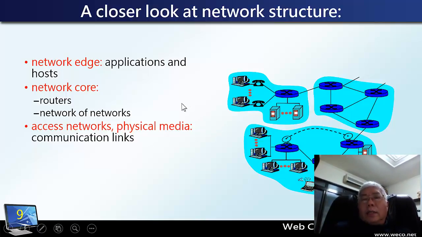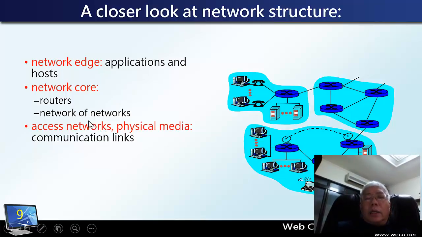Sometimes we can have wireless communication, like the Wi-Fi we use a lot, and like 4G, 5G, or Bluetooth. Those are forms of communication links with the network core device. Also we can have wired connections.